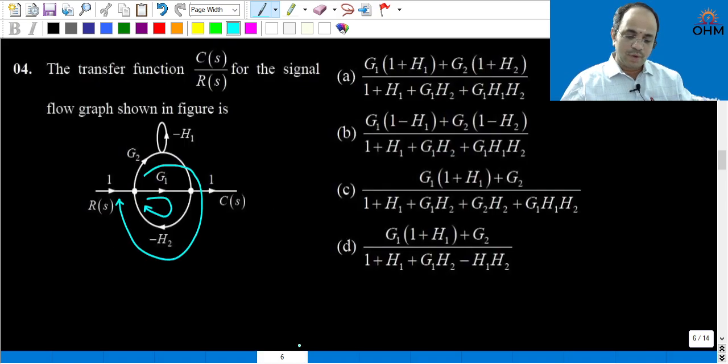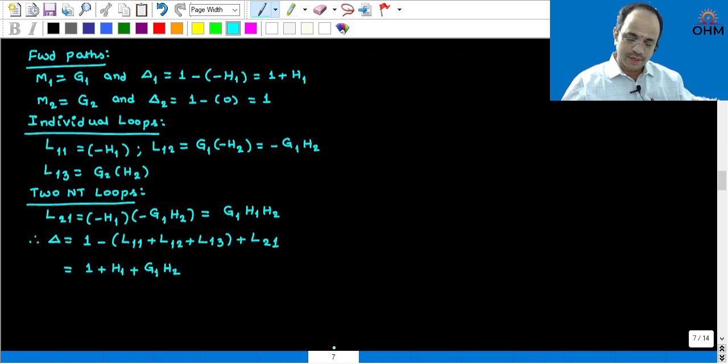I hope L13 loop will be G2 into minus H2, so this will be minus G2 H2. Now if you put here, it will be plus G2 H2 plus L21, that is G1 H1 H2.